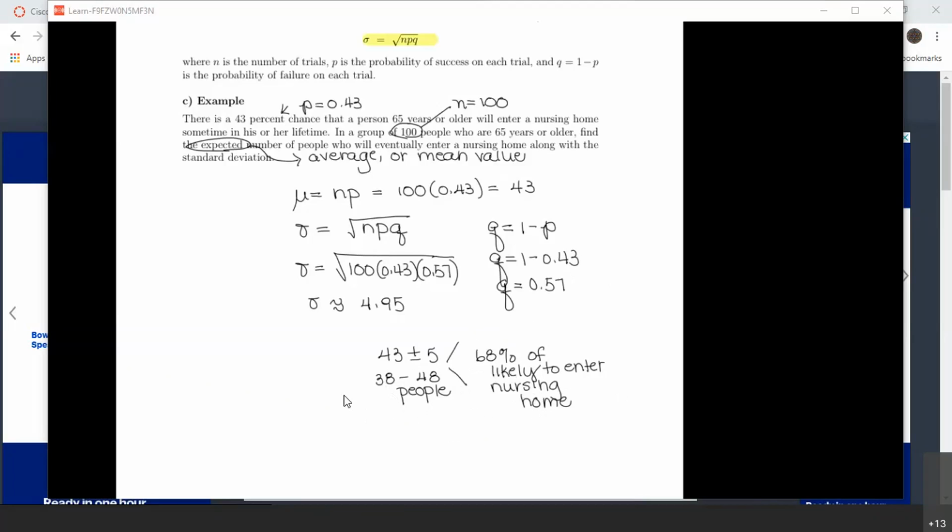Okay, so if I had a sample of 100 adults over 65, and I wound up with only 20 of them winding up in a nursing home at some point in their life, that would be very, very unlikely. As would having 90 of them winding up in a nursing home. Those are unlikely results.